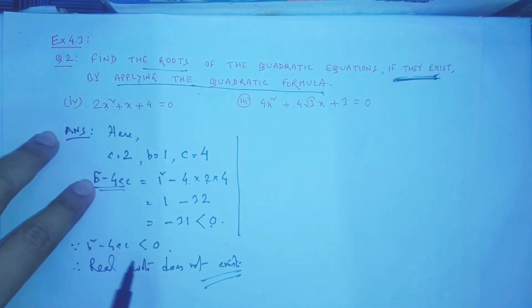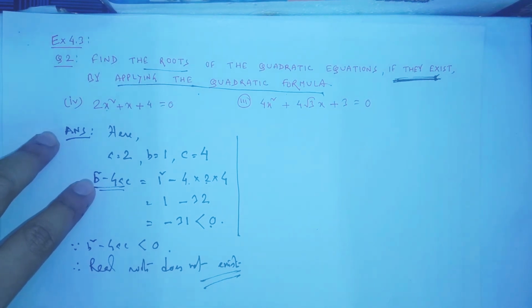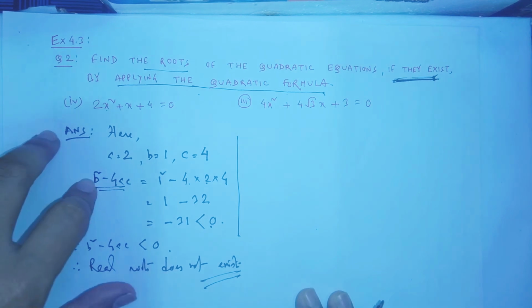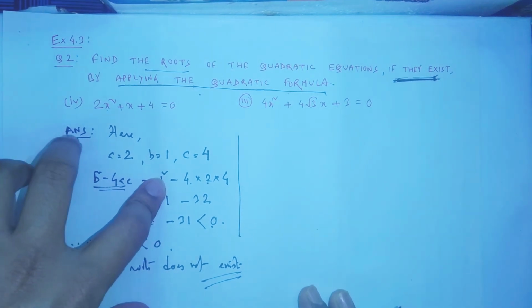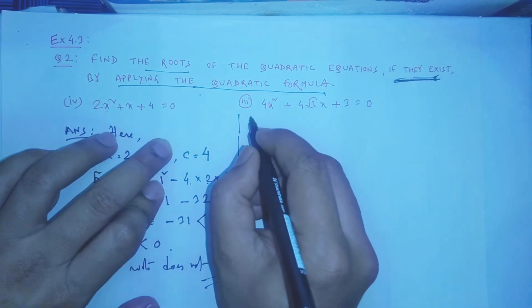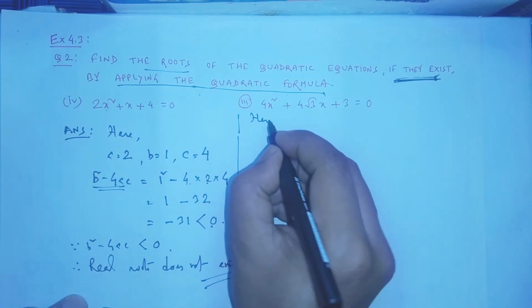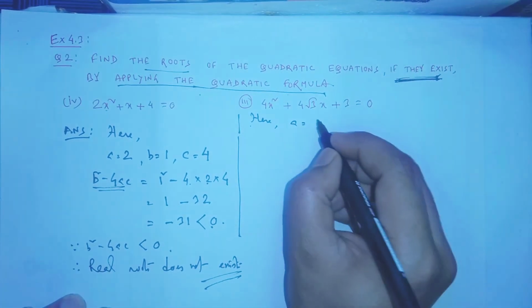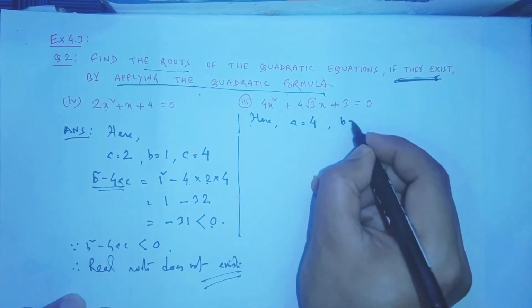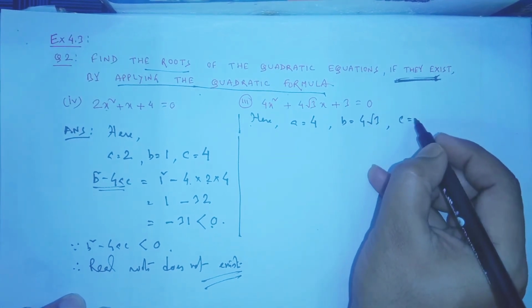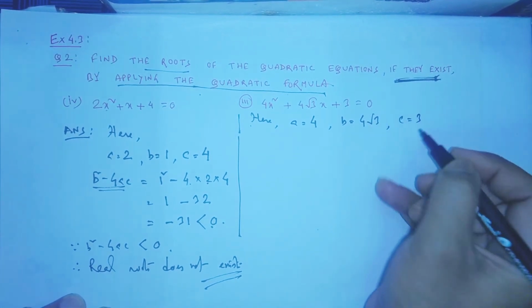Now if the real root exists, we have to go on to find the values of x. I'm doing question number 3, and let's see first of all whether the real root exists or not. First write down: a is the coefficient of x squared, so it is 4; b is the coefficient of x, this is 4 root 3; c is the constant term, so it is 3.